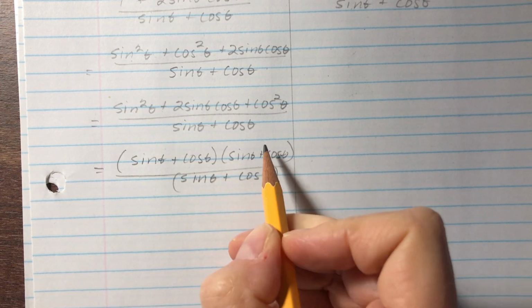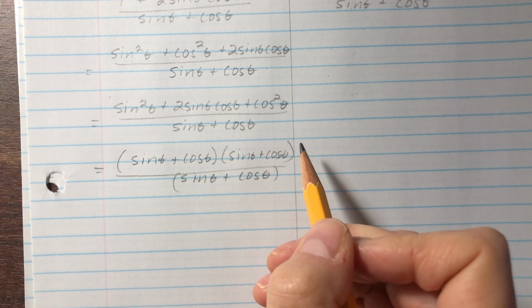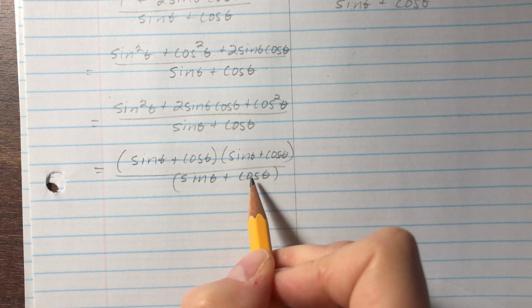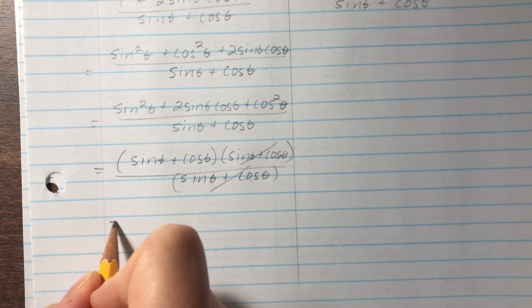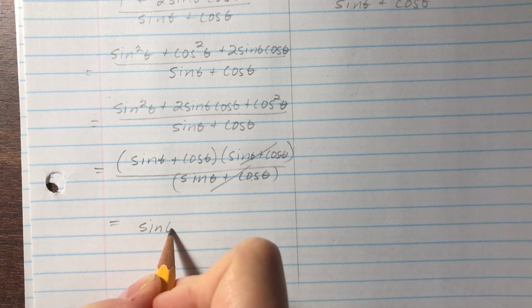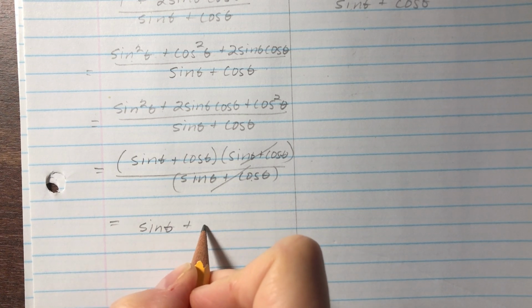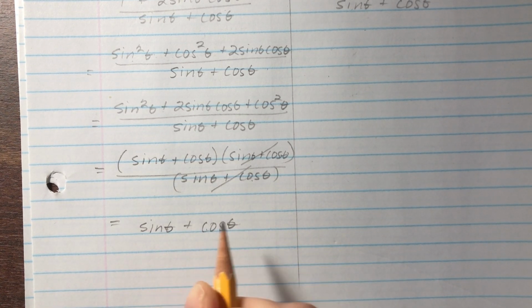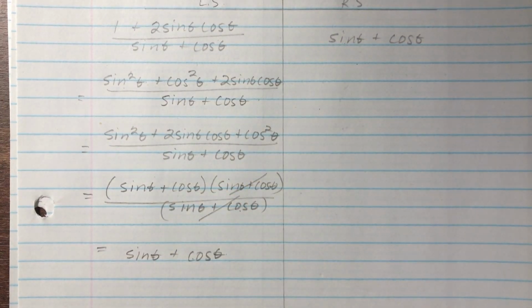And now we can cancel the factor of sine theta plus cos theta in the numerator with the one in the denominator, leaving us with sine theta plus cos theta, which is exactly what we have on the right side.